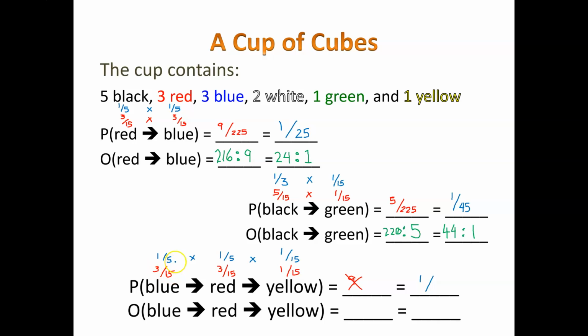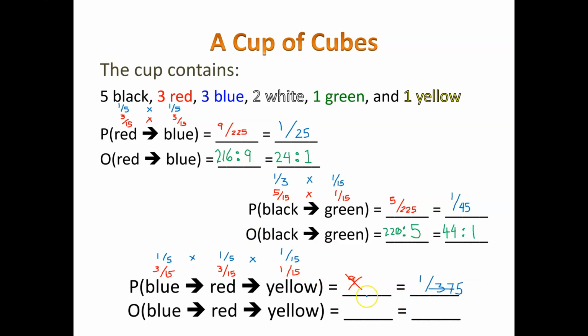And then 5 times 5 times 15. Well, 15 times 5 is 75. Times 5. That's going to be 375. Don't worry about the extra line I put there. That still should say 375.